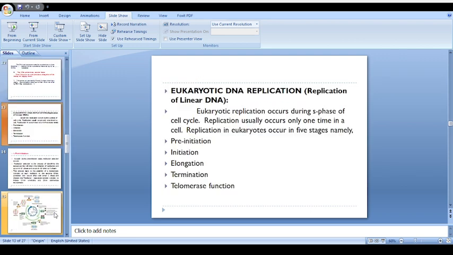We will see how the steps are associated in detail.